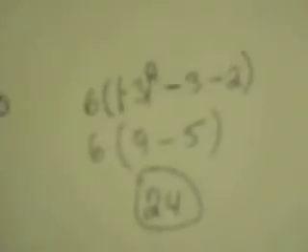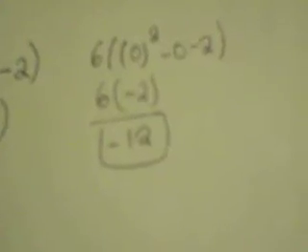Next, we will plug in 0. So we would have 6 times 0 squared minus 0 minus 2. We're left with negative 2 multiplied by 6, and we get negative 12. Box it. Because we have negative 12, we would put a negative sign over 0.